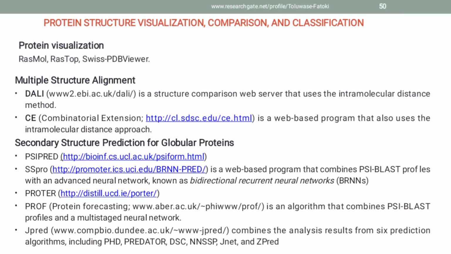So predicting transmembrane proteins is somehow harder than predicting the secondary structure in globular proteins. You have to take note of the type of protein that you want to predict, and then make use of the right tool to do the prediction.